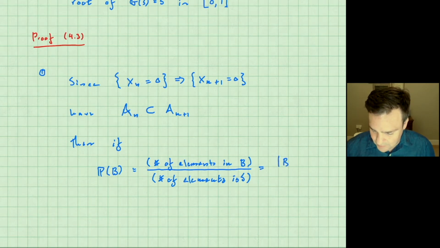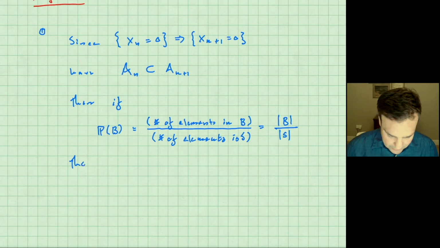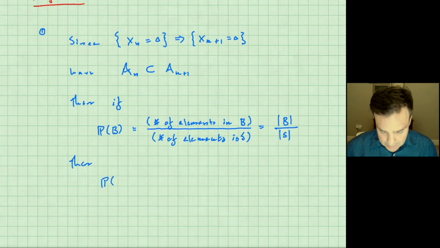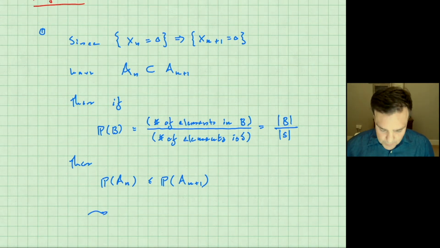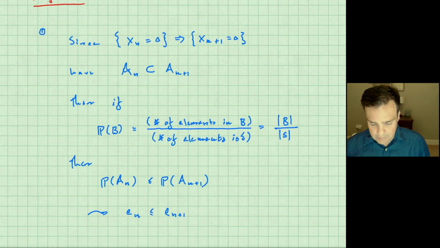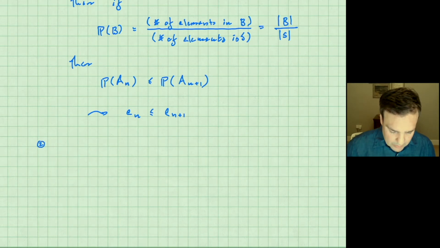If we take this to be the probability of B, then it follows that the probability of A_n is less than or equal to the probability of A_{n+1}. Right? And that means, of course, those are E_n and E_{n+1}. All right, okay, so that's the first part.